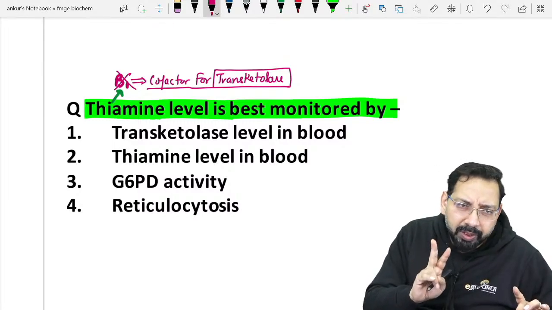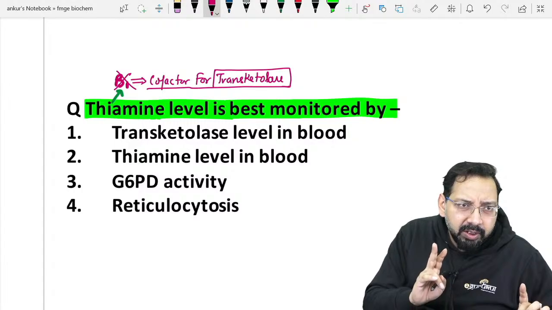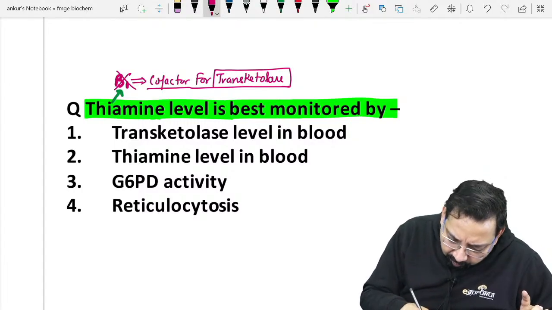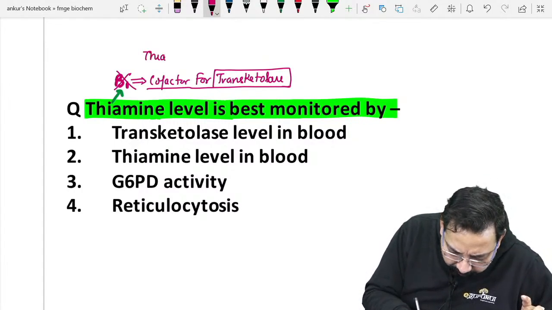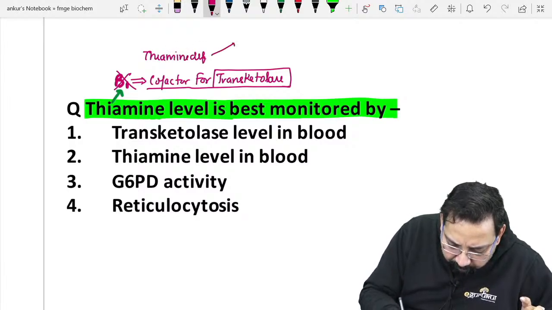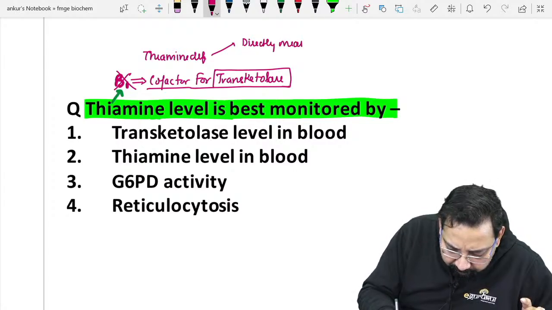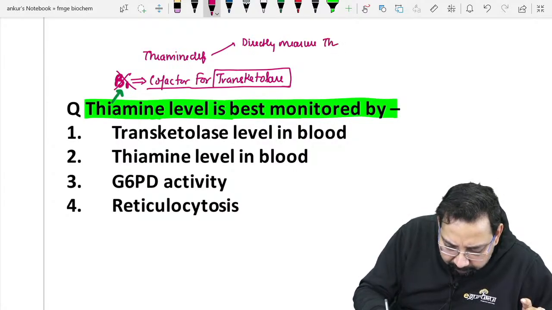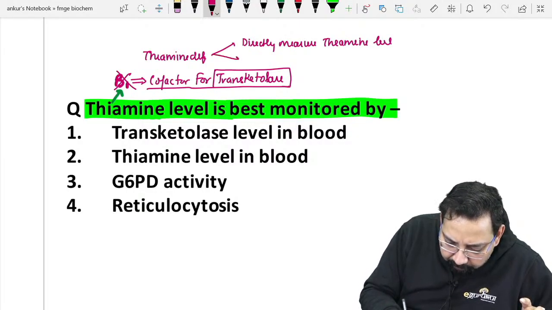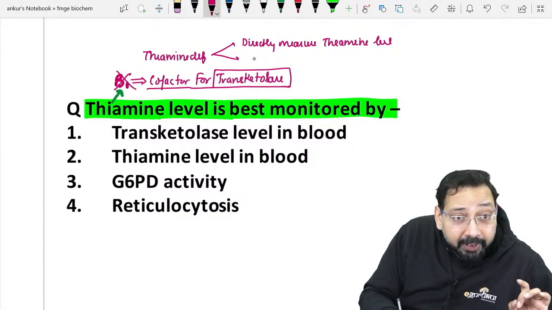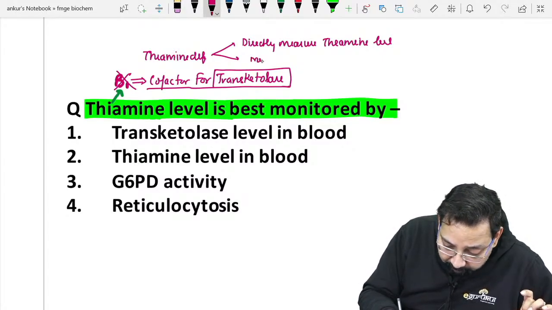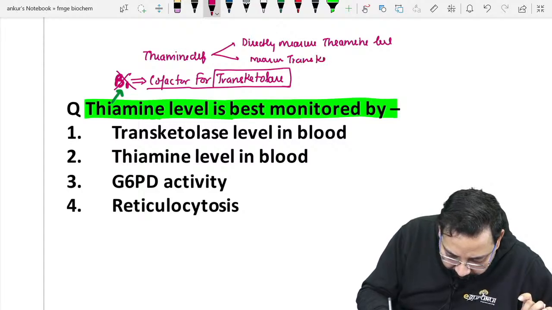So there are two methods if you want to see thiamine deficiency. We can directly measure thiamine level, or we can indirectly measure transketolase activity.